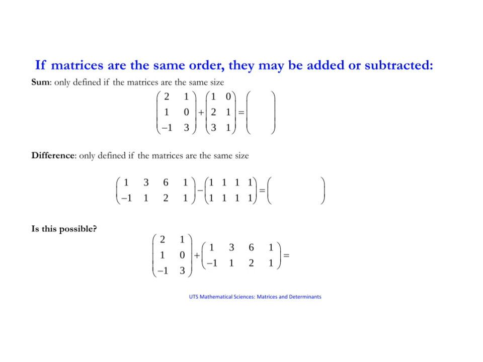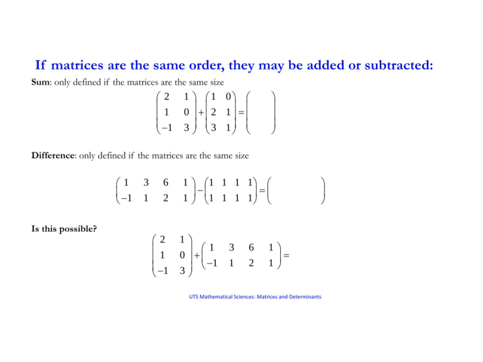If matrices are the same size or same order, they can be added or subtracted. This is only valid if they're the same size or same order. And when it comes to adding and subtracting, we're adding or subtracting the elements that are in the same position. So here we have the sum, defined only if they're the same size.